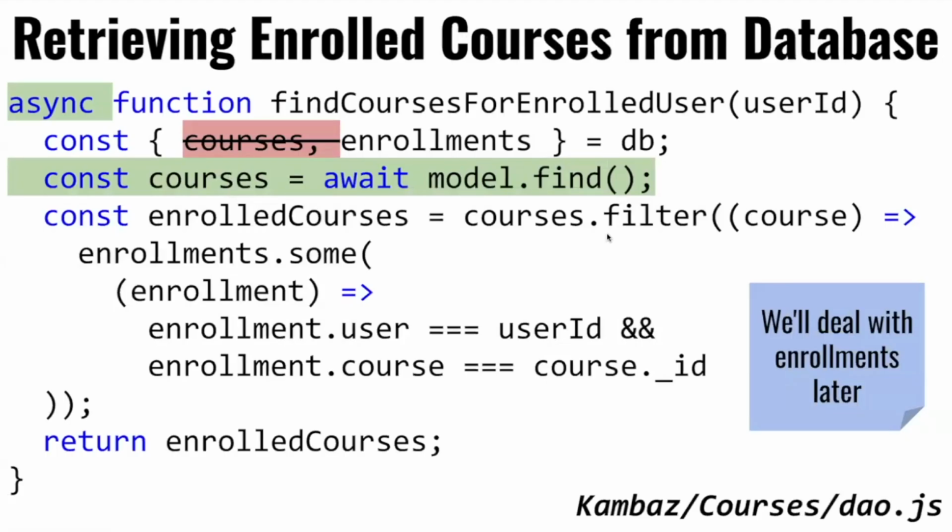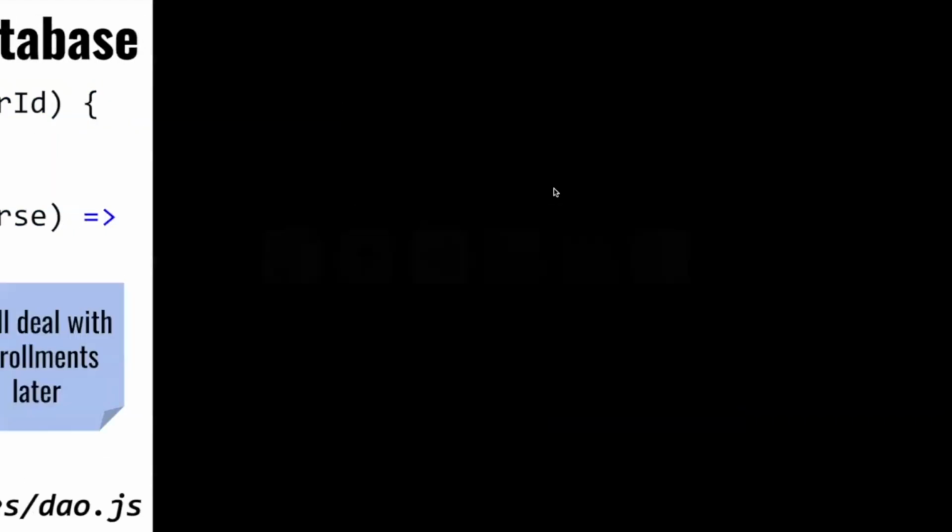Okay, so here's the current implementation that we have for finding the courses for enrolled users. It used to be that the courses were retrieved from our fake database, just an object with arrays. But instead, we're going to retrieve the courses from the database using the same Mongo find.